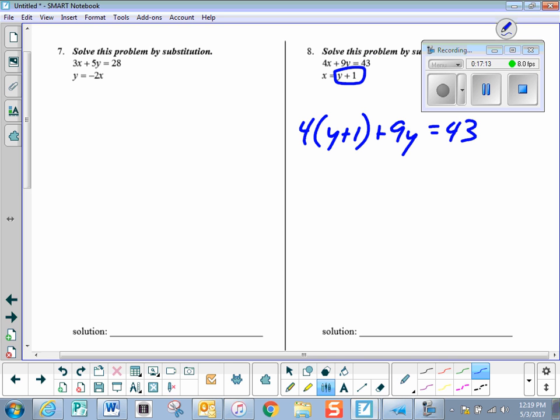Now what? Distribute. 4y plus 4. Then you have to add like terms, right? Right.